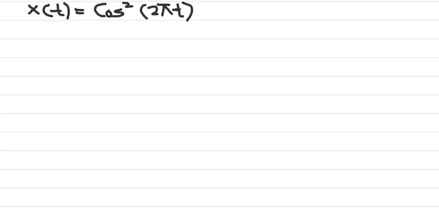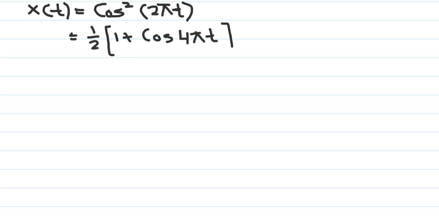What I need to do in this case, first of all, is remove this square somehow. Get rid of this square. So this will be equal to half of 1 plus cosine of 2 times this angle, so it will become 4 pi t here.